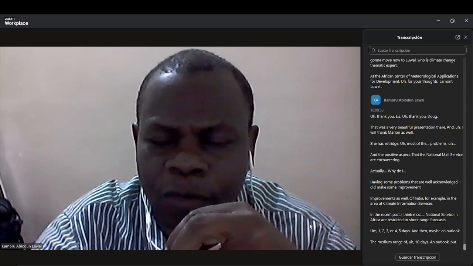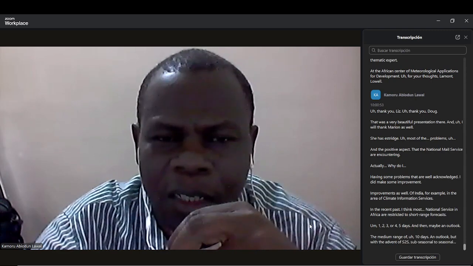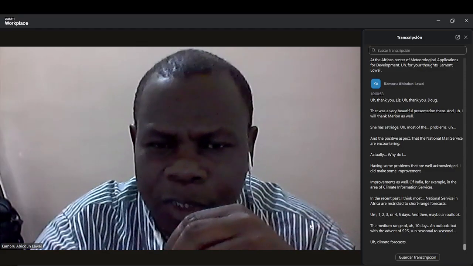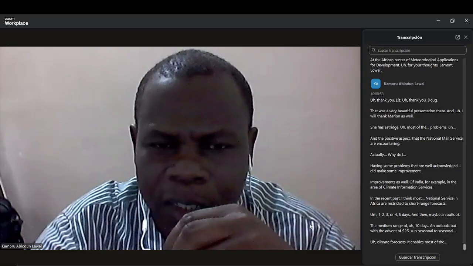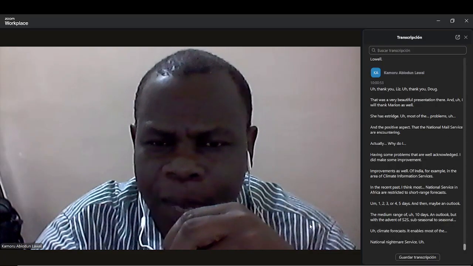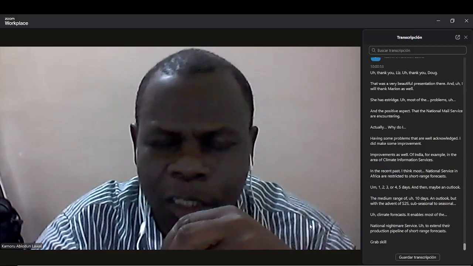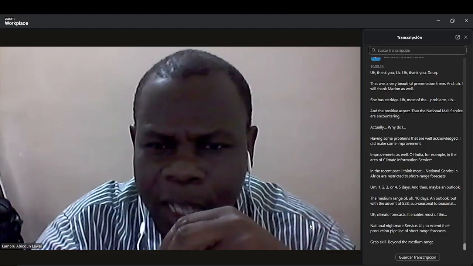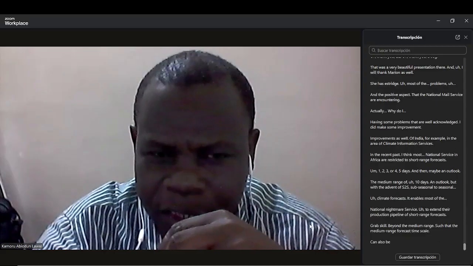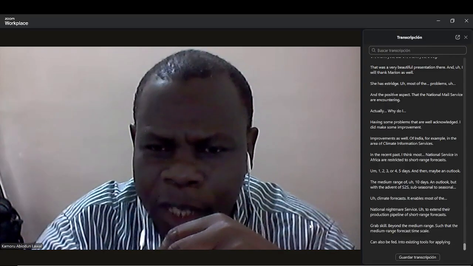But with the advent of S2S, sub-seasonal to seasonal climate forecasts, it enables most of the National Met Services to extend their production pipeline of short-range forecast timescale beyond the medium range, such that the medium range forecast timescale can also be fed into existing tools for applying short-range forecast.